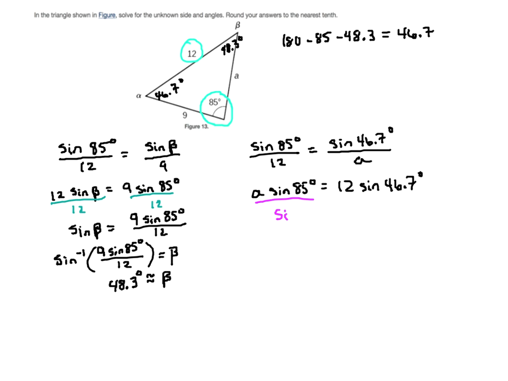And I'm going to divide the sine of 85 degrees off of both sides, and I get side A is approximately 8.8. And we are solved there.